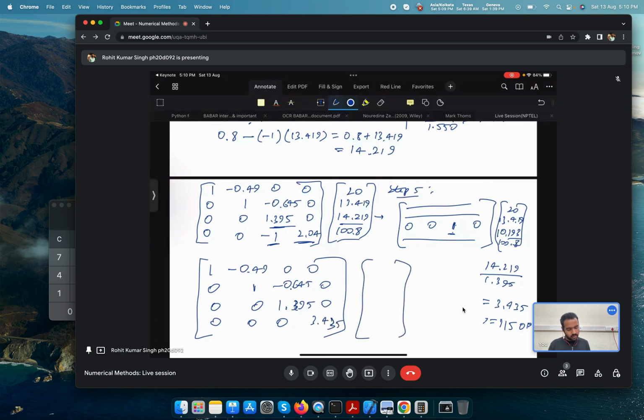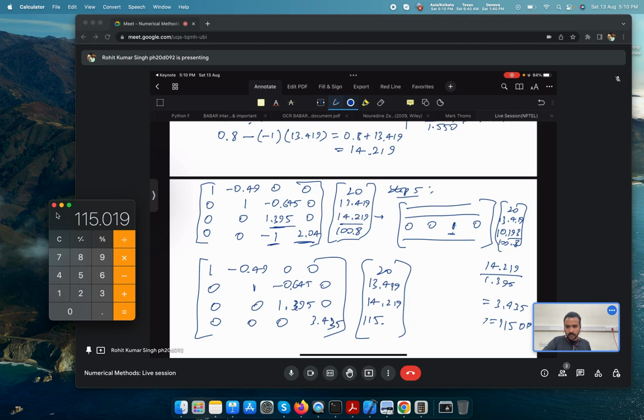And in the B matrix you will have 20, 13.419, 14.219, and 115.019. Okay, so now it's pretty straightforward to solve this because you have all these elements 0. You can do the back substitution as you do in Gauss elimination, and you can get the X matrix easily here.